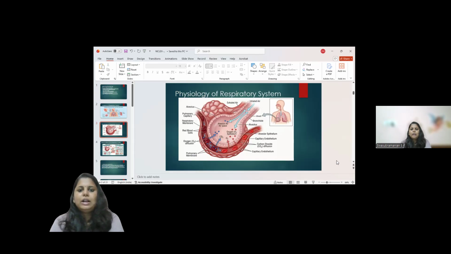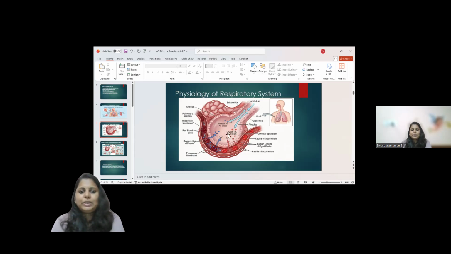Let's talk about how the work of breathing actually takes place in our body. When we inhale, the air will enter the respiratory tract from the nose to the trachea, then into the bronchi, and through the bronchi it will reach the bronchioles. The bronchioles, as I mentioned, consist of tiny sac-like structures called alveoli.